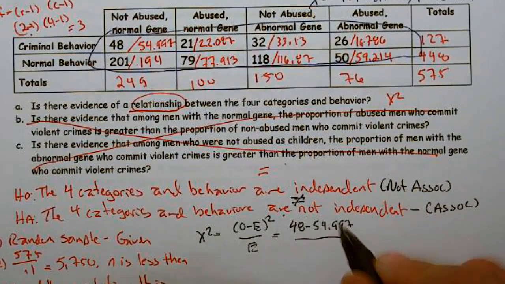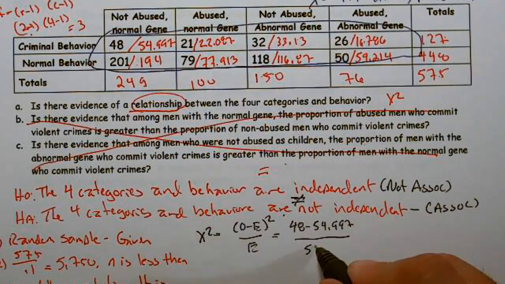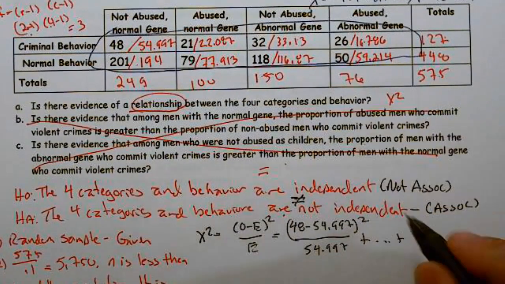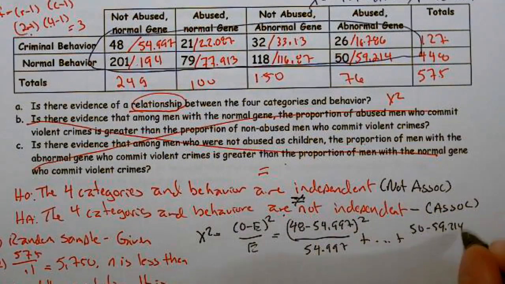All right, you will lose a lot of credit. Maybe half. Plus dot dot plus, and then 50 minus 59.214 squared over 59.214.